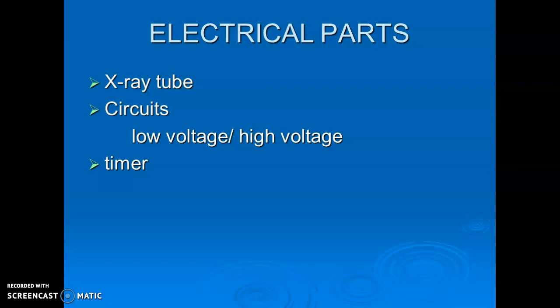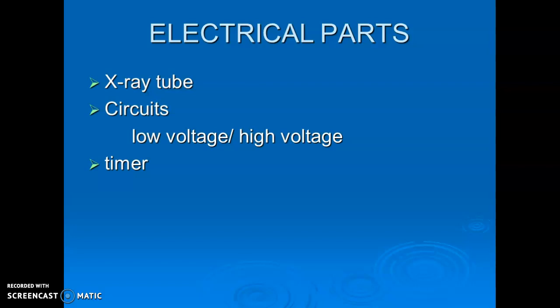So the low voltage current is what heats the filament. And even though this won't make sense now, go ahead and put in your notes that the low voltage circuit is controlled by mA, the milliamperage. We'll talk about that in just a second, but it's written lowercase m, capital A, and that goes with your low voltage circuit to heat that filament.